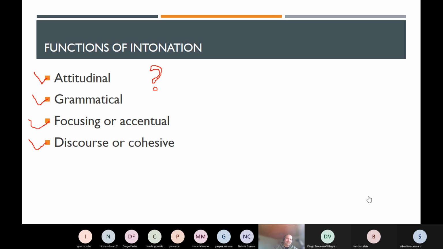All right. There are many functions of intonation. Some authors highlight 4 functions of intonation. Others come up with 6. Other authors come up with 8 functions, including, for example, the psychological function of intonation.